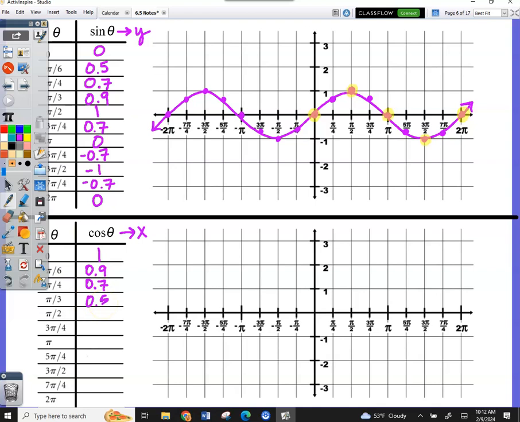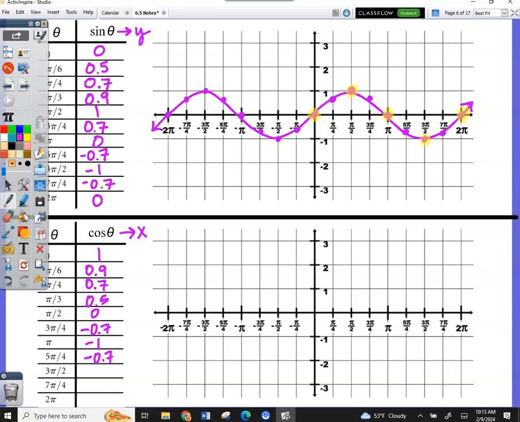The x coordinate at pi over 2, so that's up here, would be 0. 3 pi over 4 is negative root 2 over 2. Pi is 180, so the x coordinate would be negative 1. 5 pi over 4 has a 4 in the bottom, so it's root 2 over 2, but it's in quadrant 3, so it's negative 0.7.